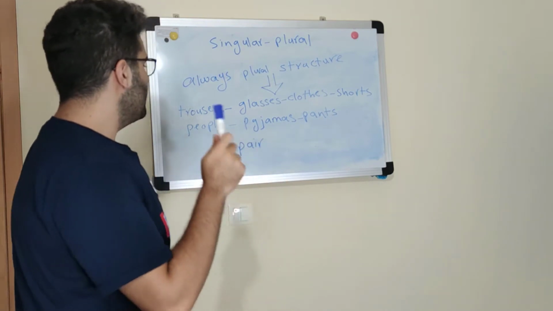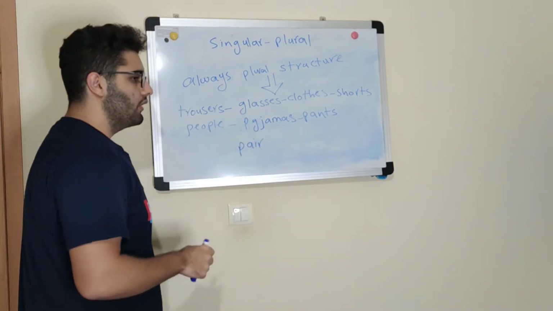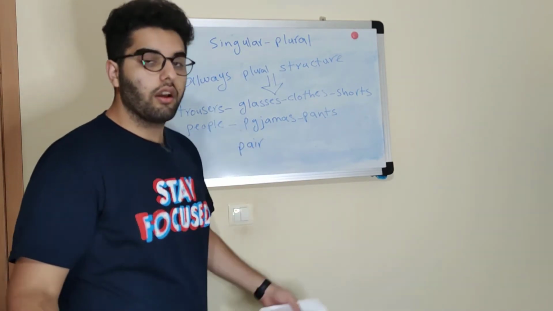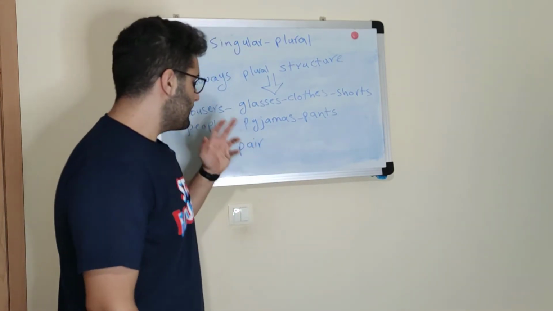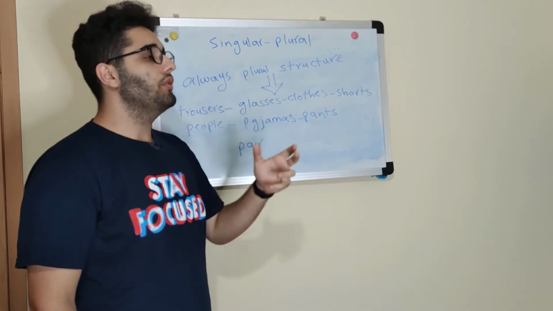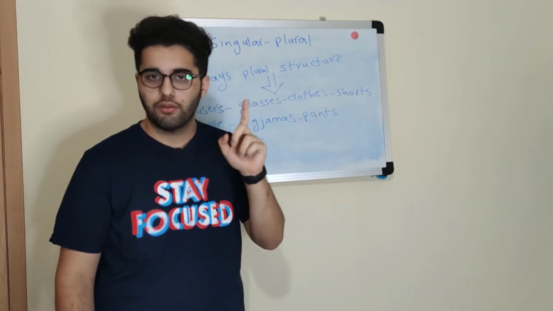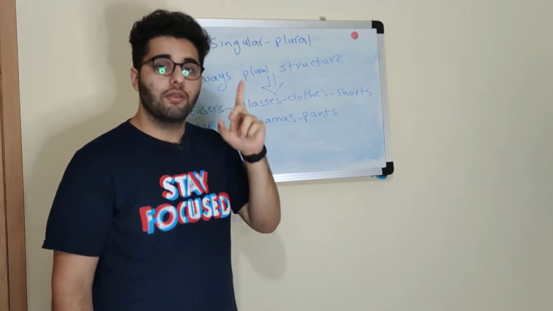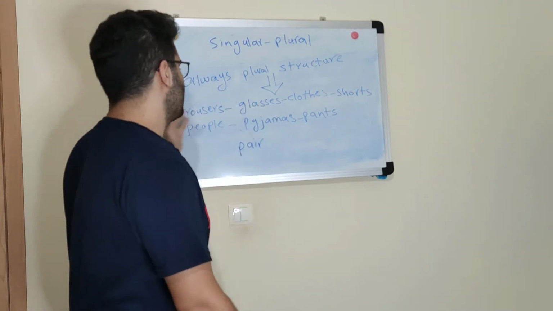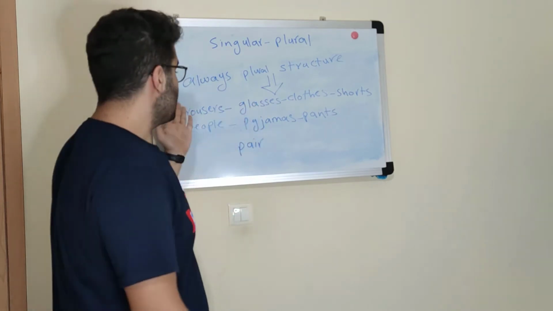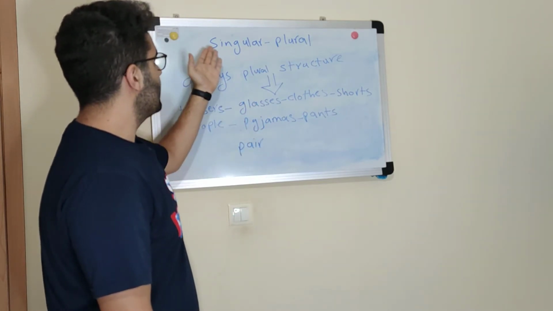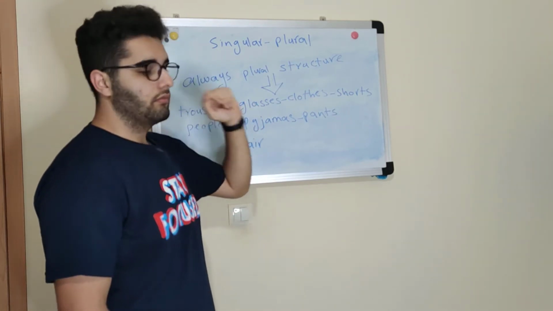I put only one pair of trousers in my luggage or in my bag. You see, you are saying I only put one pair of trousers. Although you are saying one, still you say trousers, because this word doesn't have a singular form.